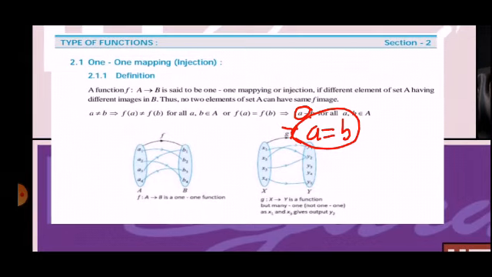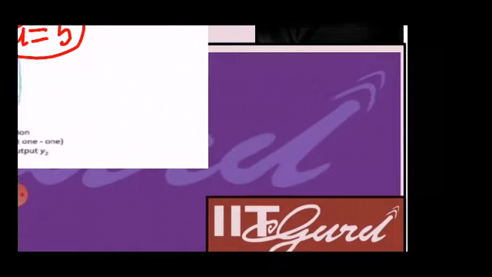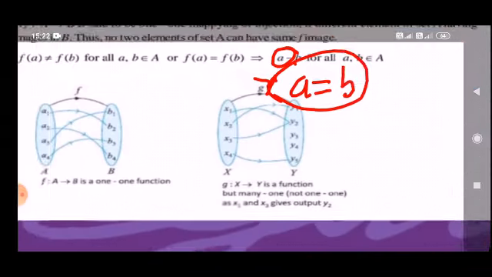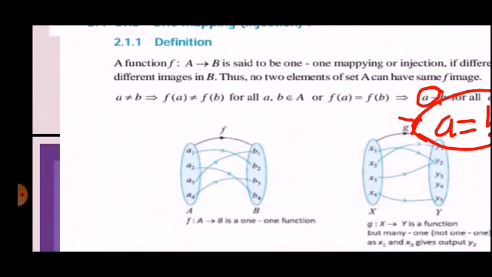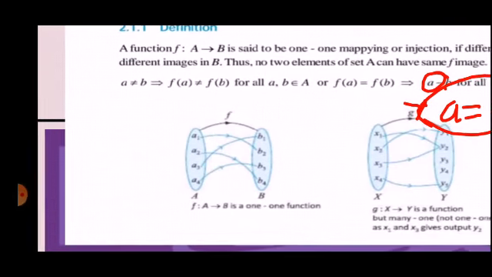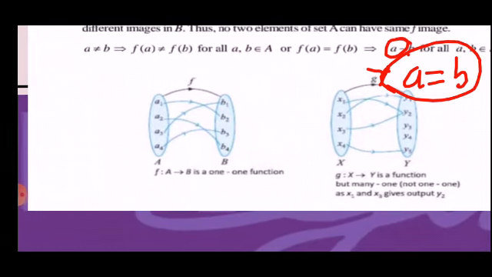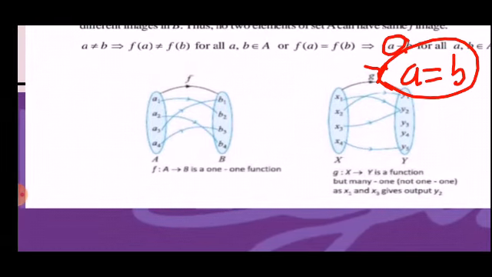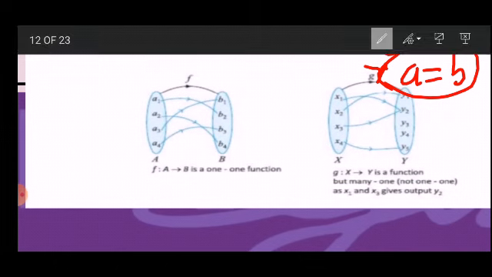So let's see here that the two sets, capital A and capital B, are such that capital A consists of the elements A1, A2, A3, A4, and capital B has the elements B1, B2, B3, and so on. A1 maps to B1, A3 maps to B1, whereas A2 maps to B4 and A4 maps to B3.